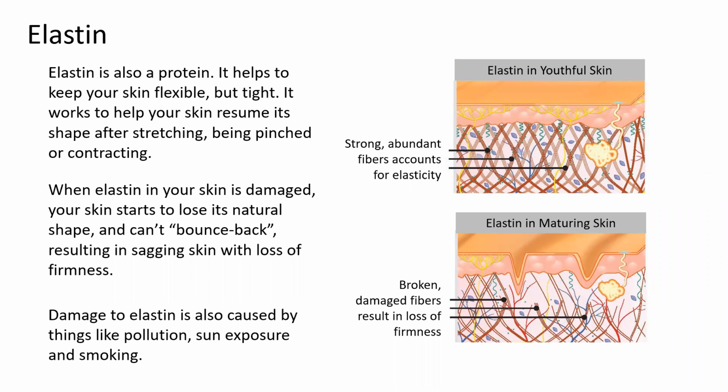So another example I like to think about when I'm talking about collagen and elastin is think about your favorite t-shirt. So collagen and elastin, and you can even see right there on screen, they're kind of woven together like a fabric, right? And that's your elastin, your collagen fibers. And think about when you first bought that t-shirt.